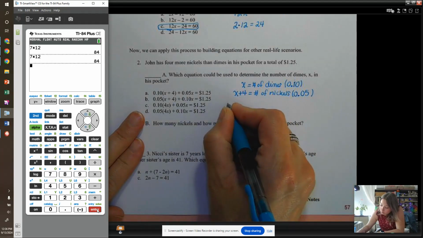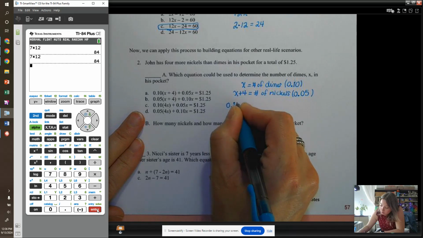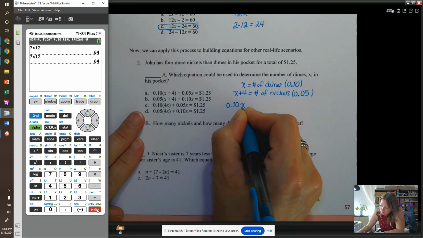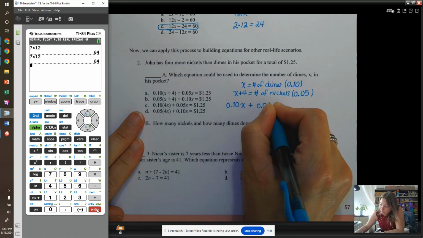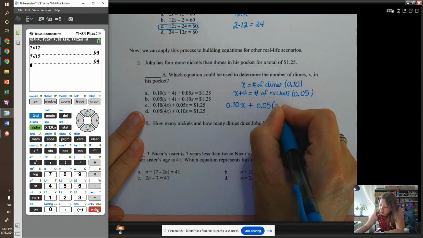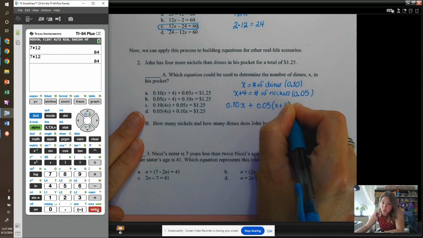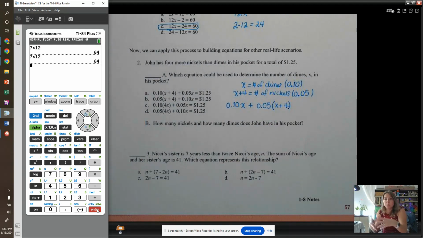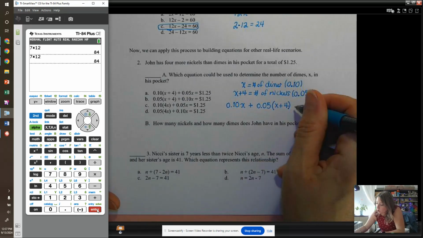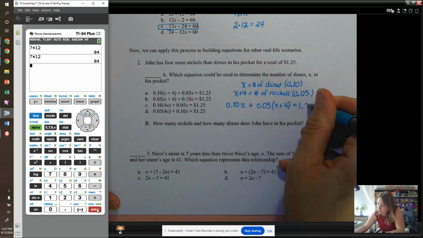So 0.10 times X plus 0.05 times X plus 4. Notice I'm putting that in parentheses because this whole thing, my total number of nickels, would equal $1.25.